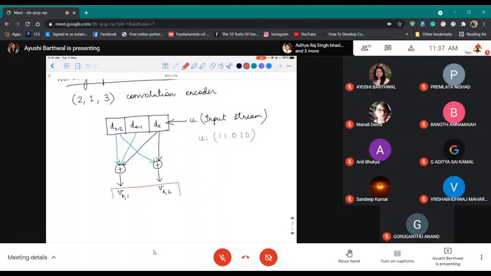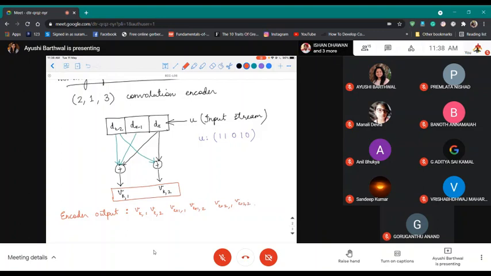The encoder output is represented by VK1, VK2, then again VK plus 1, and so on.